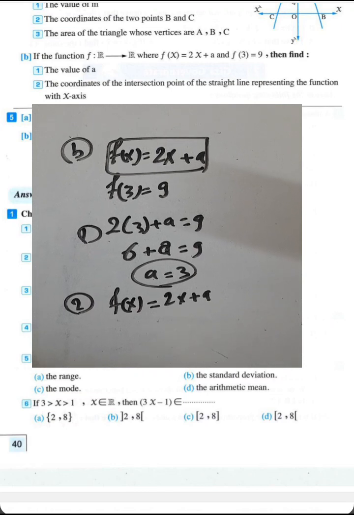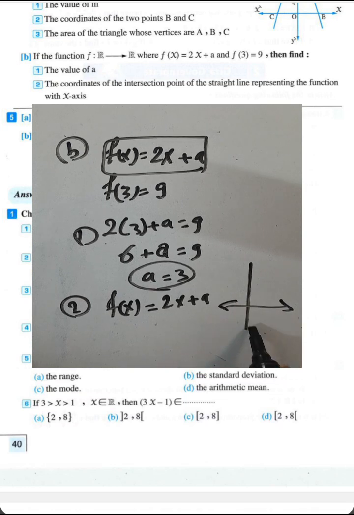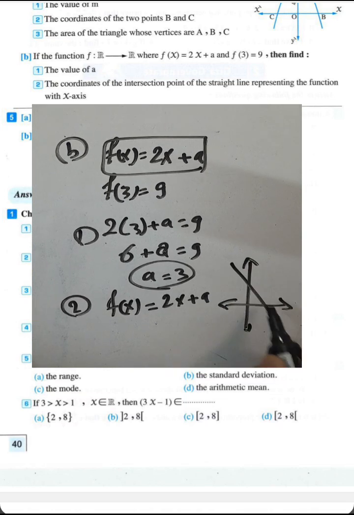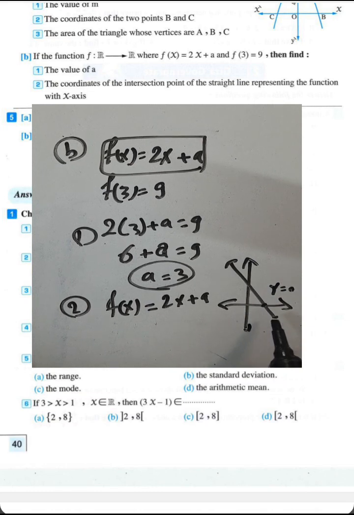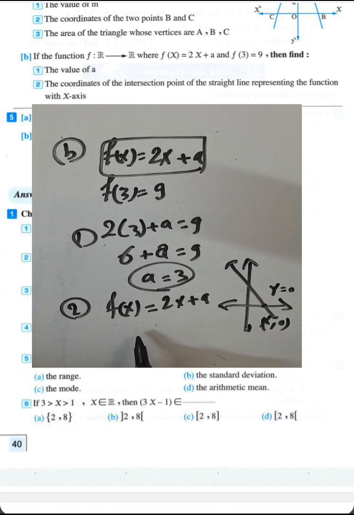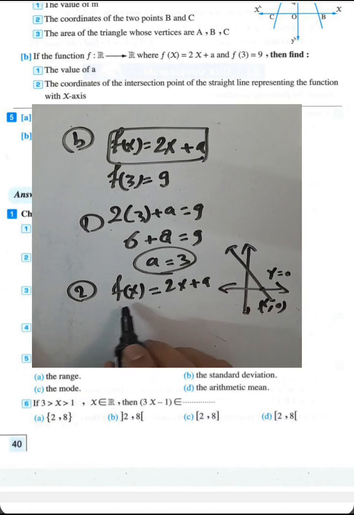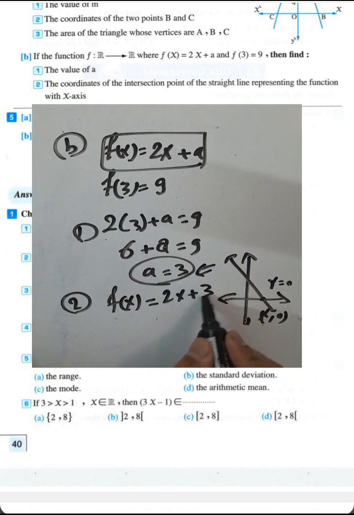It tells us this function cuts the x-axis, meaning y will be equal to 0. Then 2x plus a equals 0, and we found a equals 3.